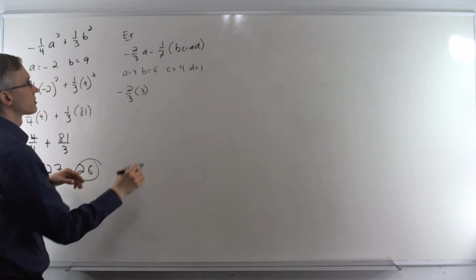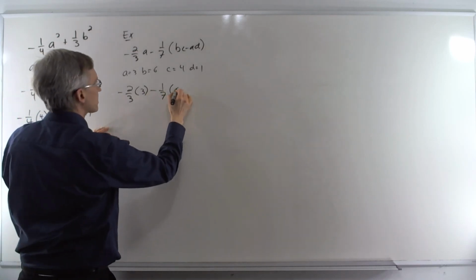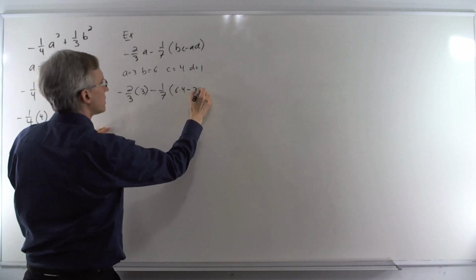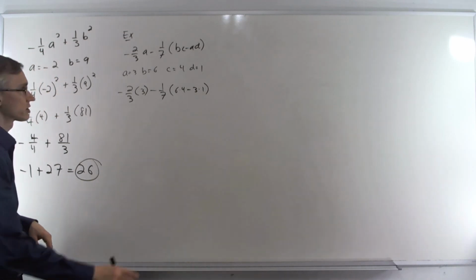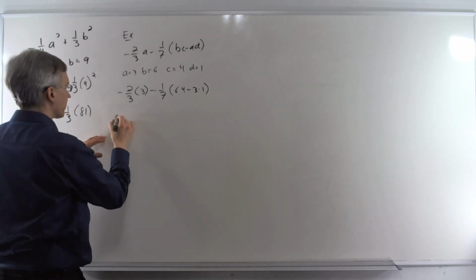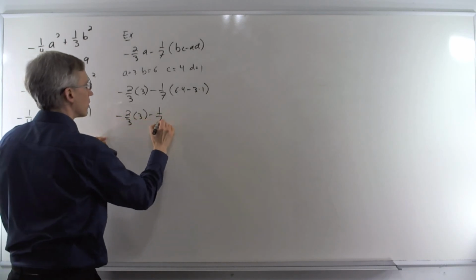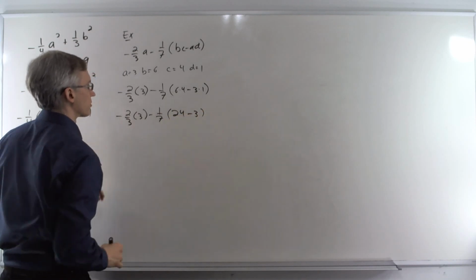Negative 2/3 times 3 minus 1/7 times b times c, so that's 6 times 4, minus a times d. So let's start inside these parentheses. We're going to evaluate that. 6 times 4 is 24, minus 3.